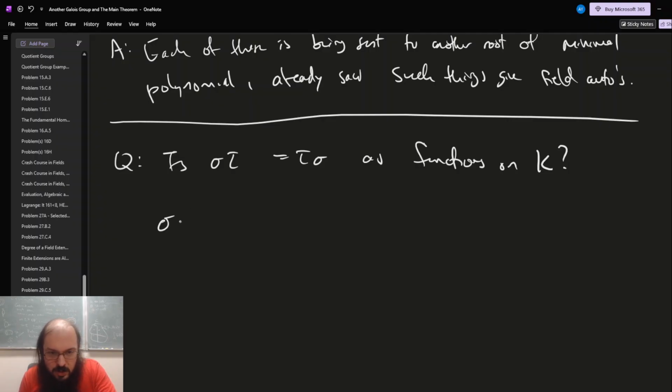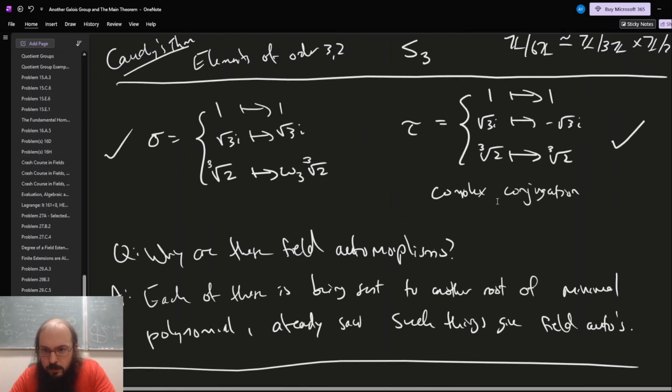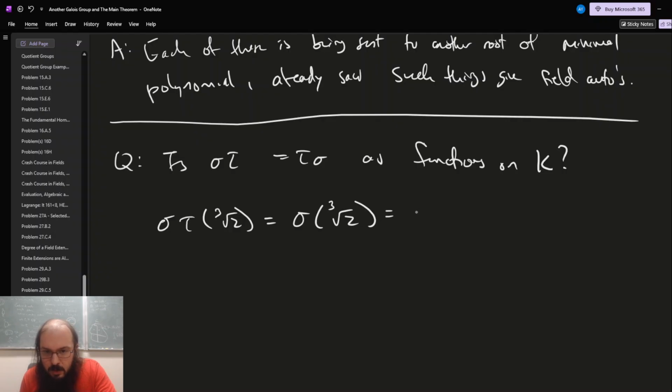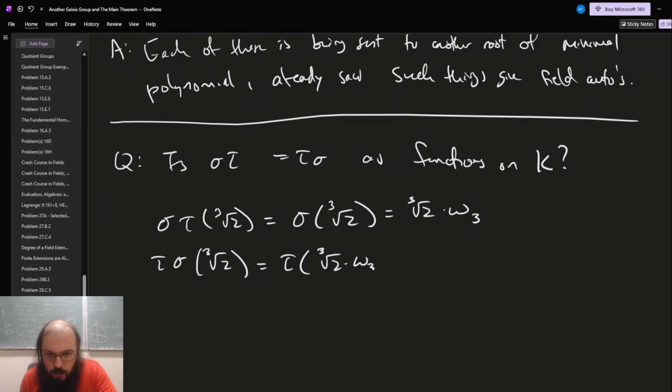So let's calculate what is sigma tau of the cube root of 2. Well, tau of the cube root of 2 is just the cube root of 2 again. And sigma of the cube root of 2 is the cube root of 2 times omega. On the other hand, tau sigma of the cube root of 2 is tau applied to the cube root of 2 times omega.